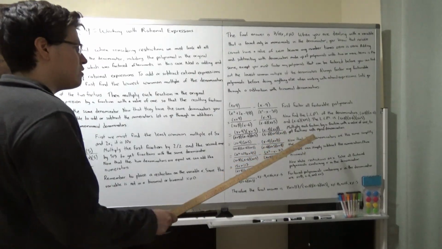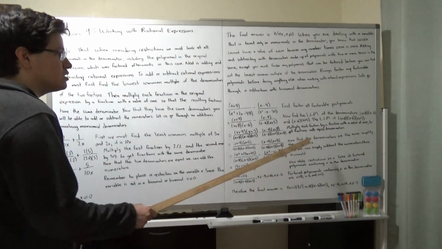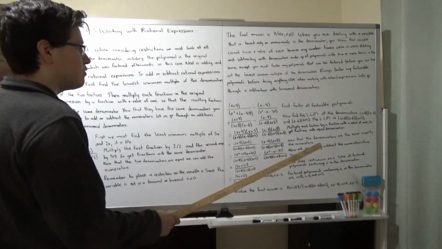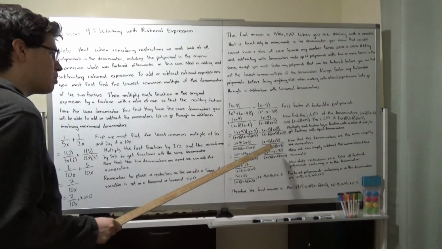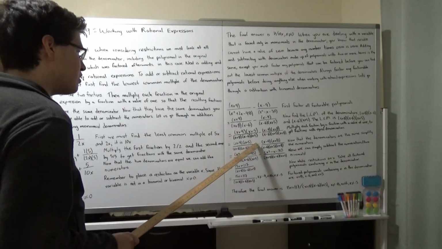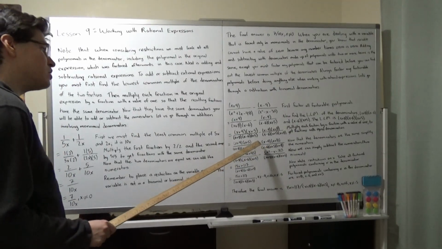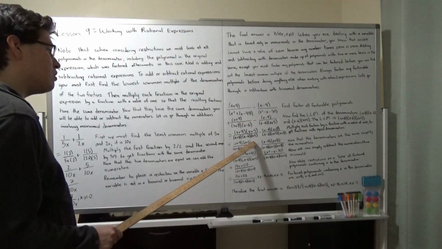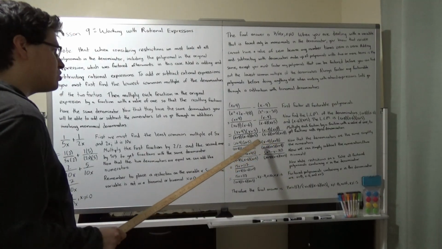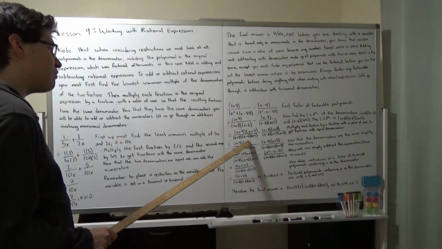Now that the denominators are the same, simplify the numerators. We can't subtract these two right away, so we need to simplify them.